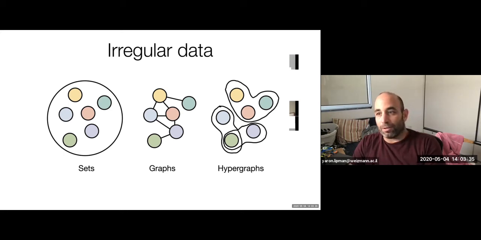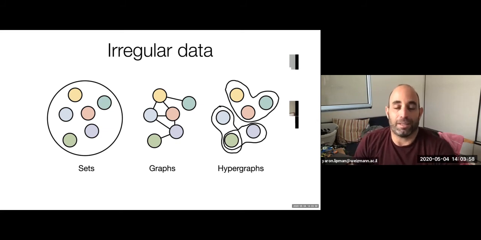And at the highest point of this hierarchy that we want to consider would be hypergraphs, where we attach feature vectors or colors to any tuples of nodes. So in this case, we have triplets and pairs and so on. These are basically the type of data that we will call irregular data in this talk.